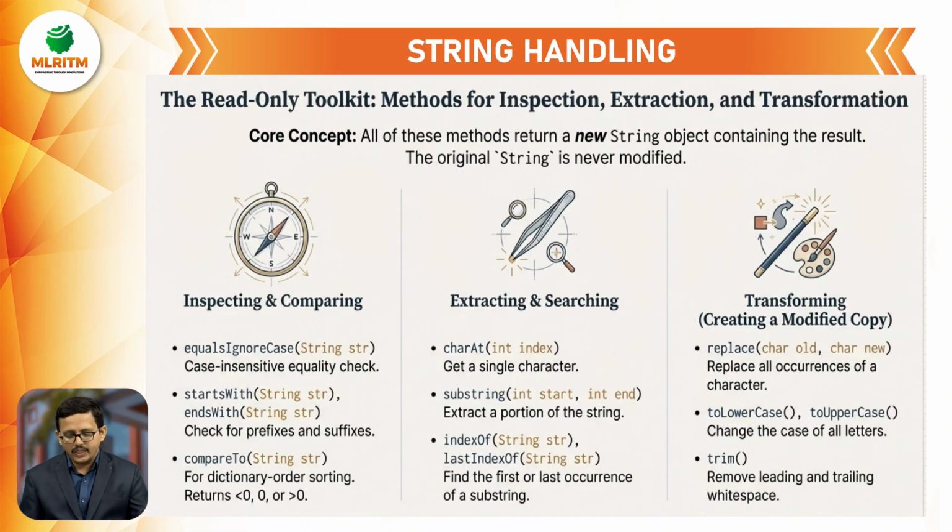So the read-only toolkit. This is also one of the important reasons why we call it a read-only toolkit. All the methods return a new string object containing the result. Whenever you use a method on a string, either to check, add, delete something, or find the index, whatever method you use, every method is going to create a new string so that the original string stays the same.